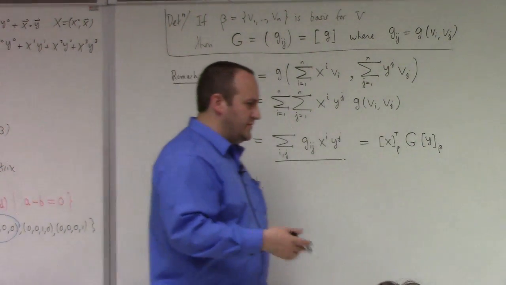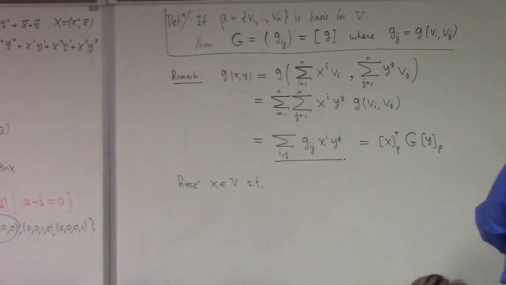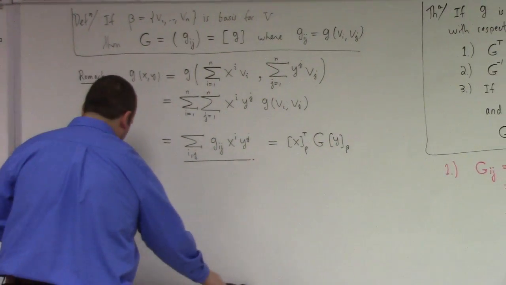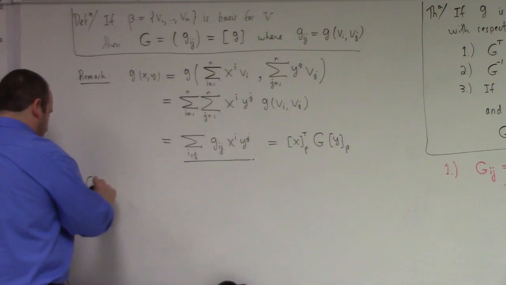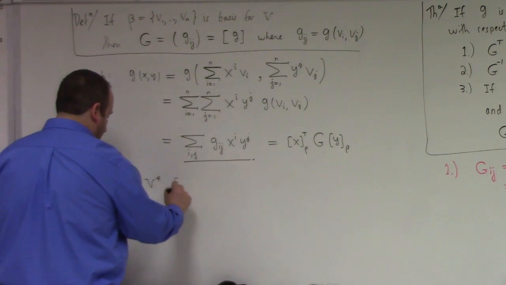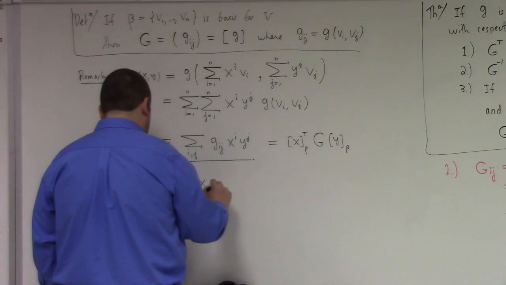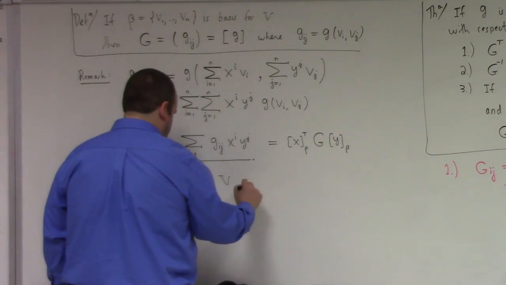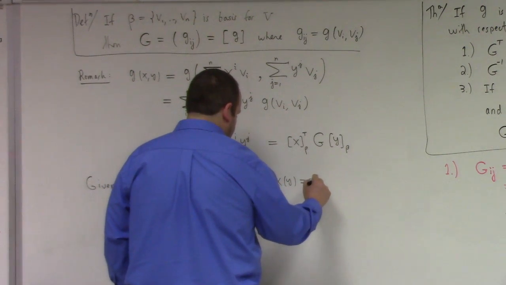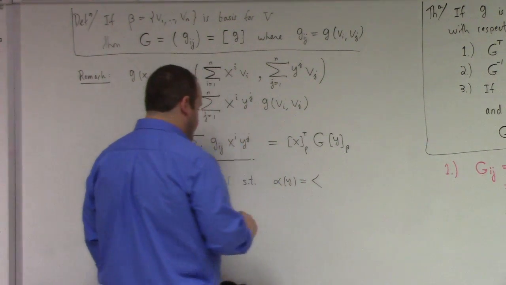We start with a dual vector, right? Given alpha in the dual, find x in V such that alpha of y is equal to the inner product of what and what?